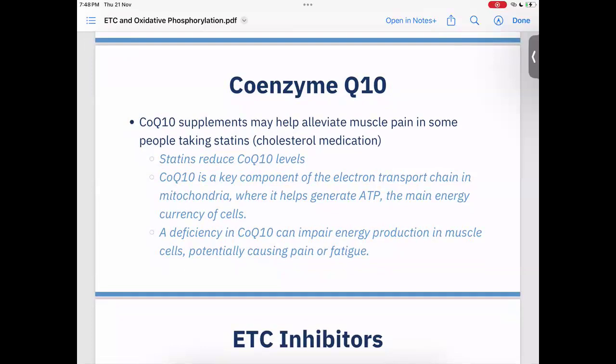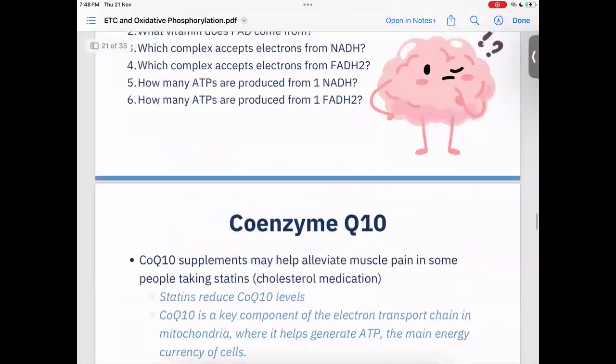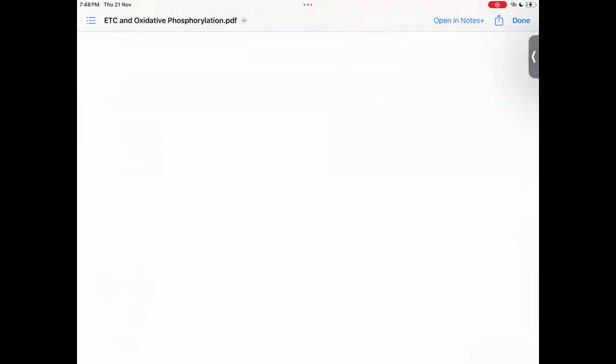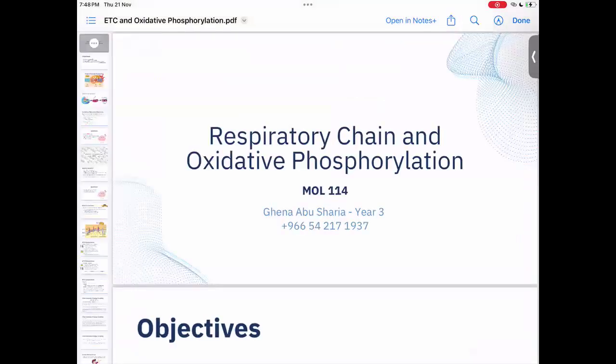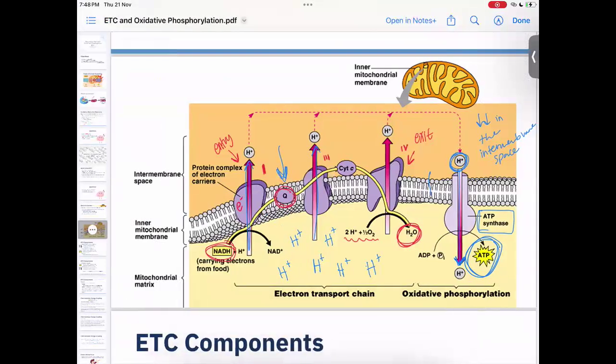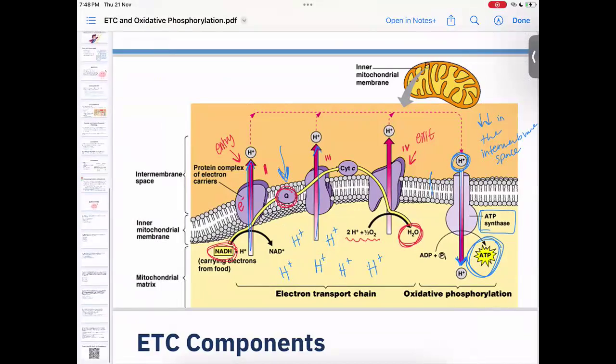Now, when people are taking statins, these statins reduce the amount of coenzyme Q. So this was coenzyme Q. When they do take statins, as a part of the electron transport chain is not there, the electrons aren't able to be transported properly, and hence ATP is not produced properly.